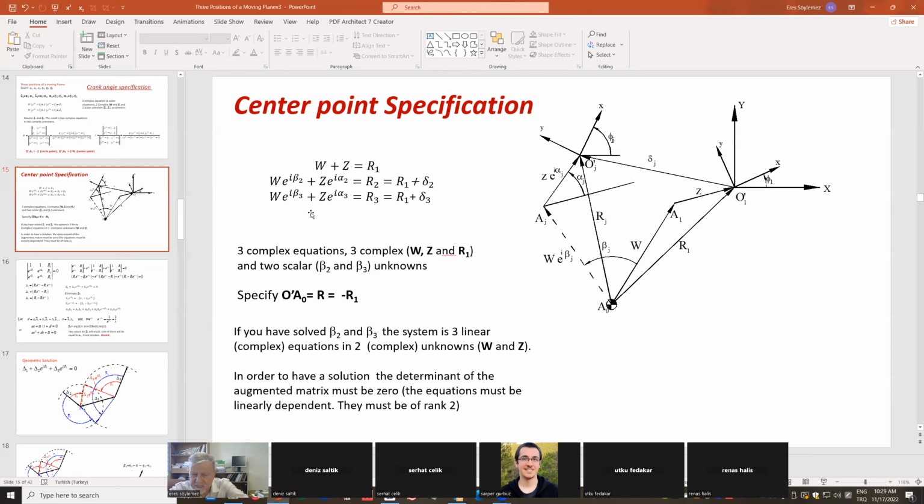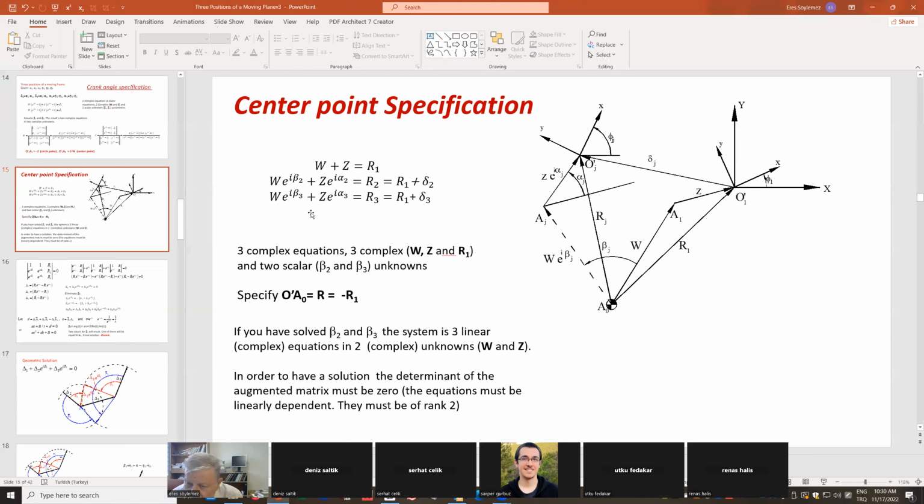Now I have 6 scalar equations or 3 complex equations, and 2 complex unknowns and 2 scalar unknowns, which adds up to 6. I have to solve these equations.